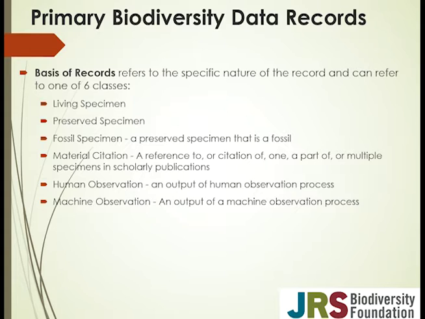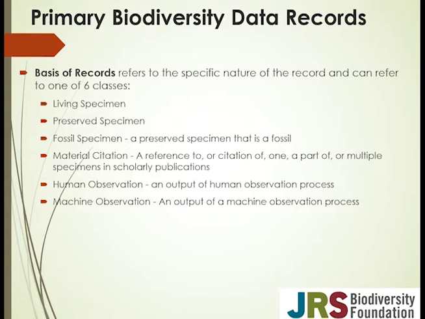So it depends on the analysis you have to do. If you want to achieve a completeness analysis, you will need information on the taxon, on the place, on the time, and also on the basis of record. If you want to achieve ecological niche modeling, you will need information on the taxon, on the place, and on the basis of record.